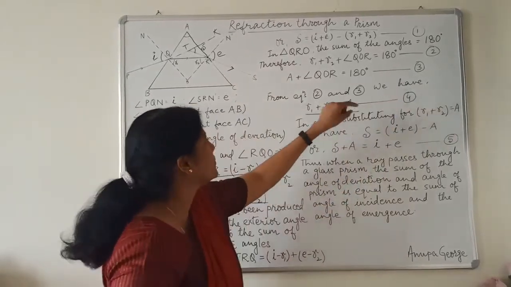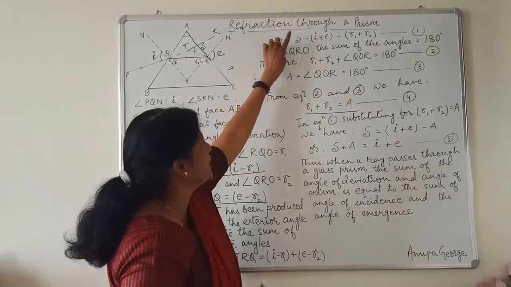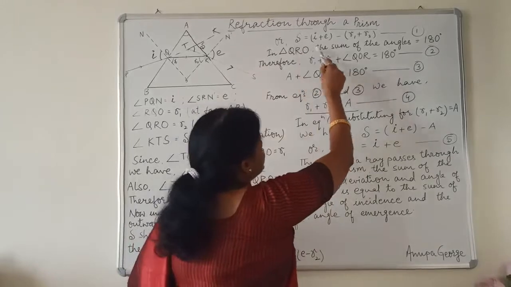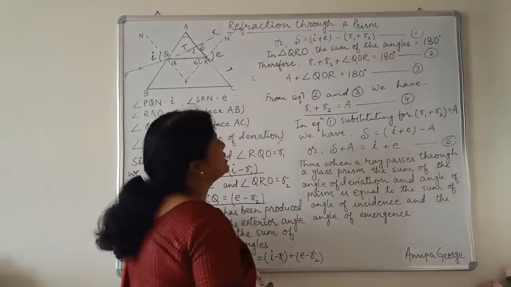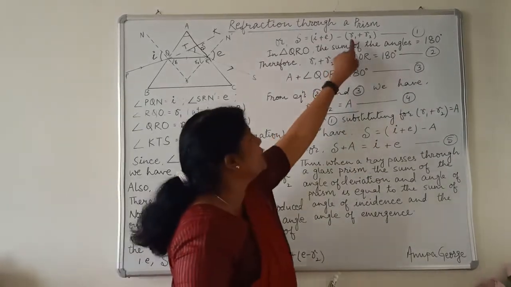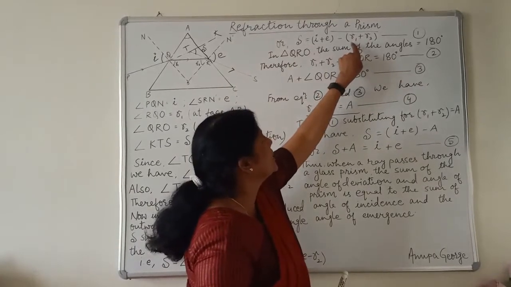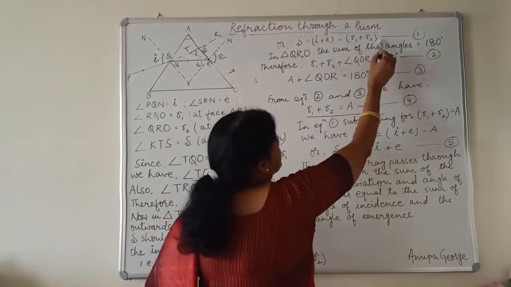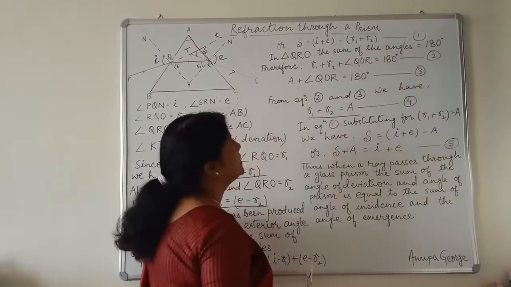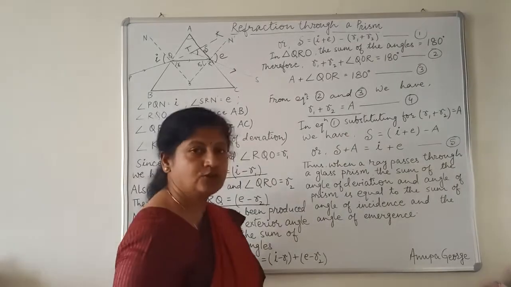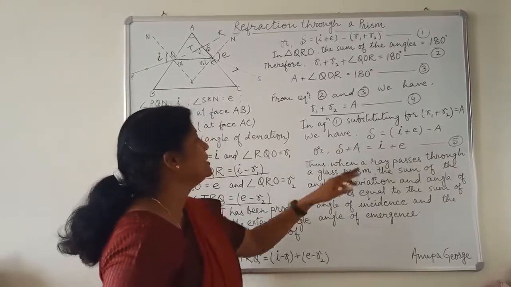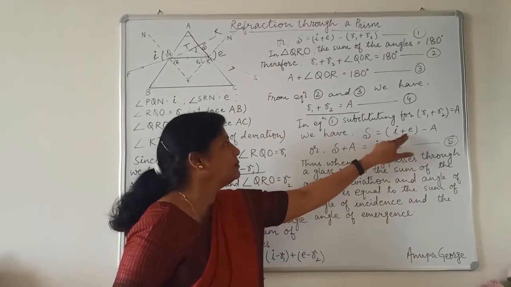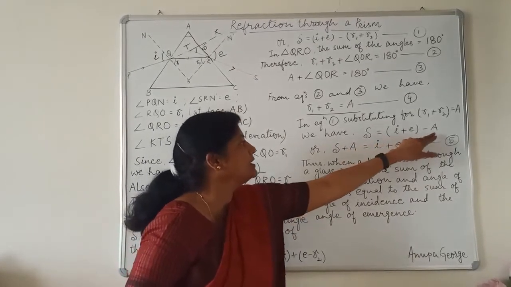Now consider equation 1. Substituting R1 plus R2 is equal to A, we have delta is equal to I plus E minus A.